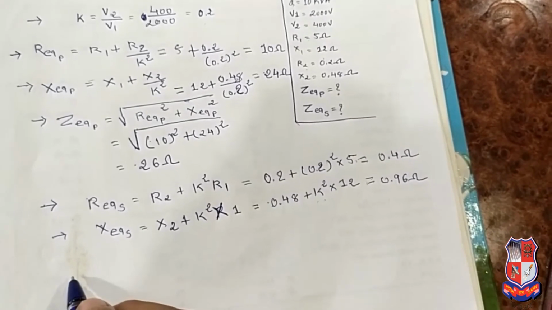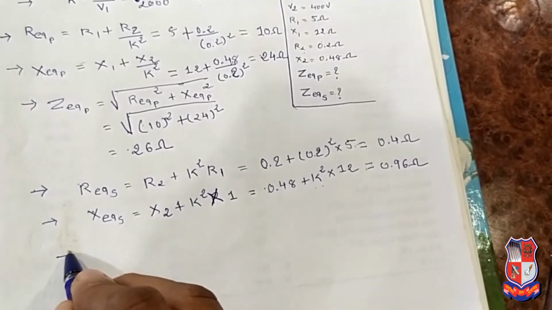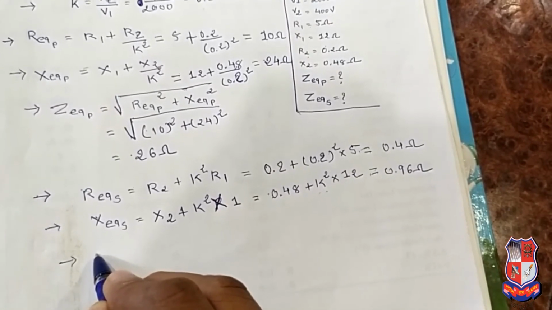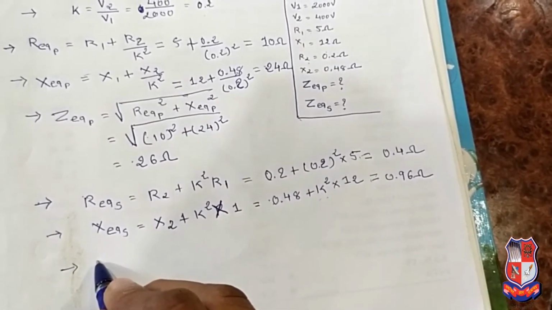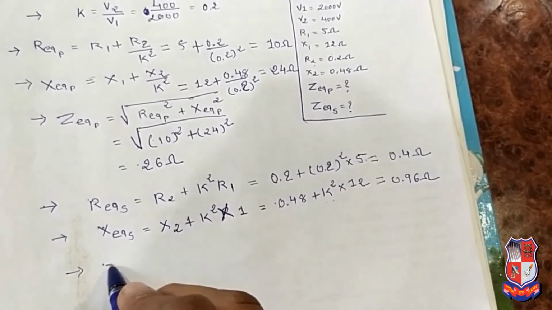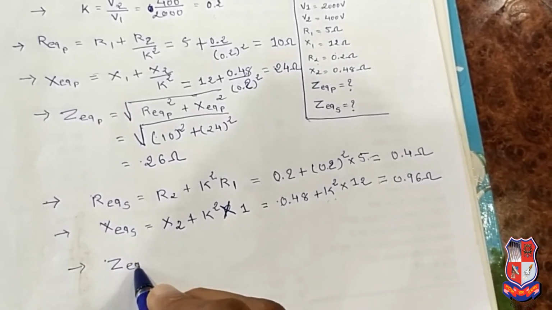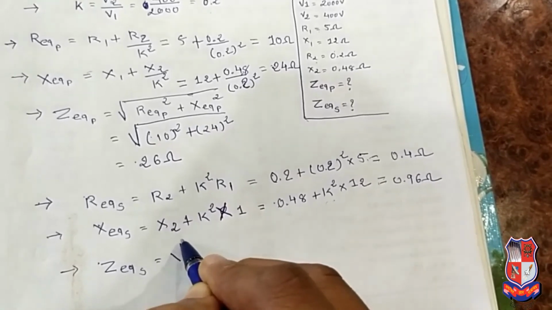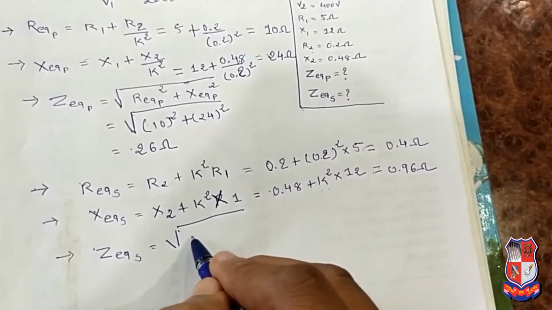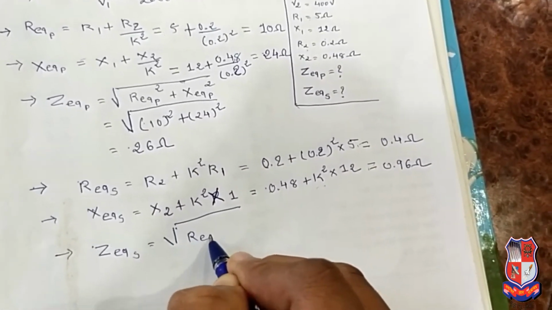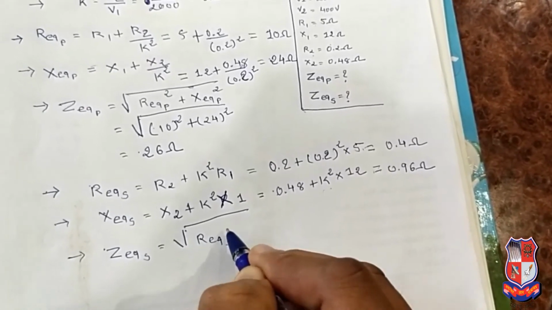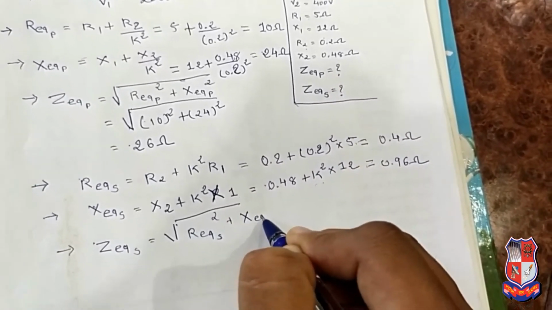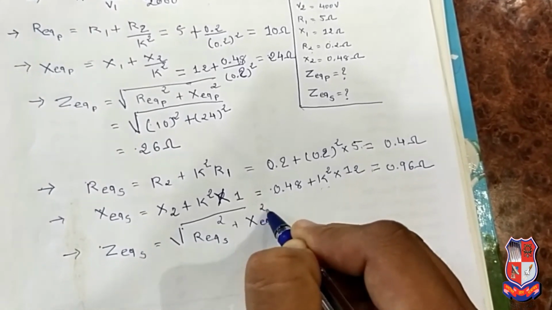By achieving these two values of R equivalent of secondary and X equivalent of secondary, now we solve the final part of our example. Z equivalent of secondary is equal to under root of R equivalent of secondary whole square plus X equivalent of secondary whole square.